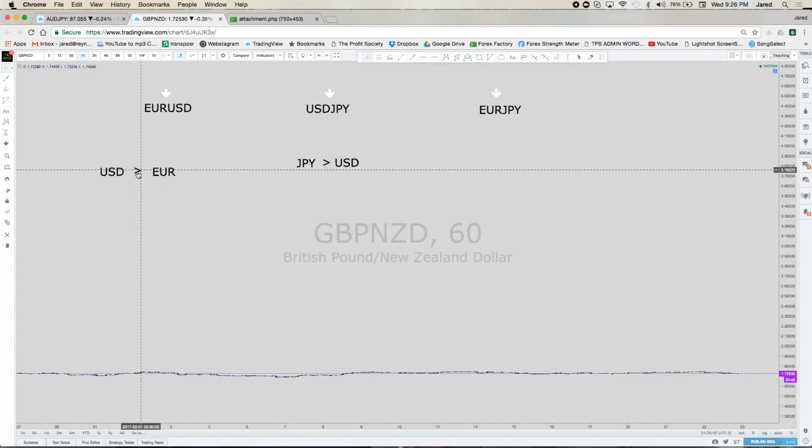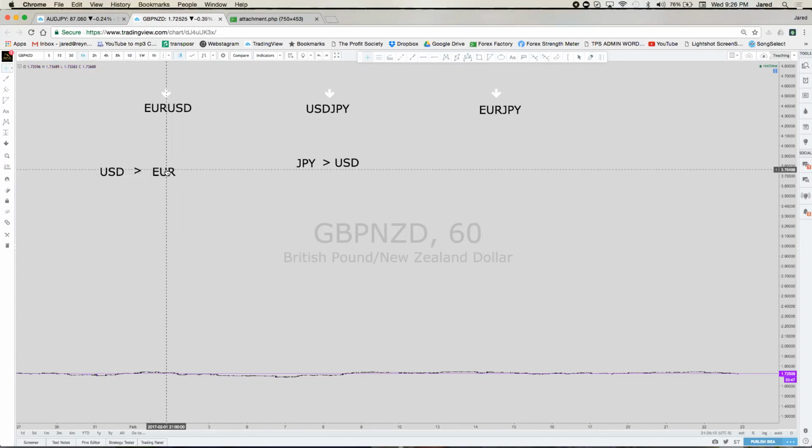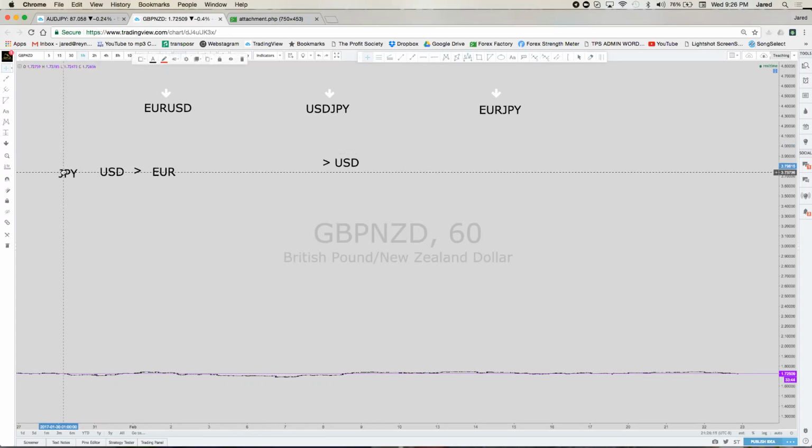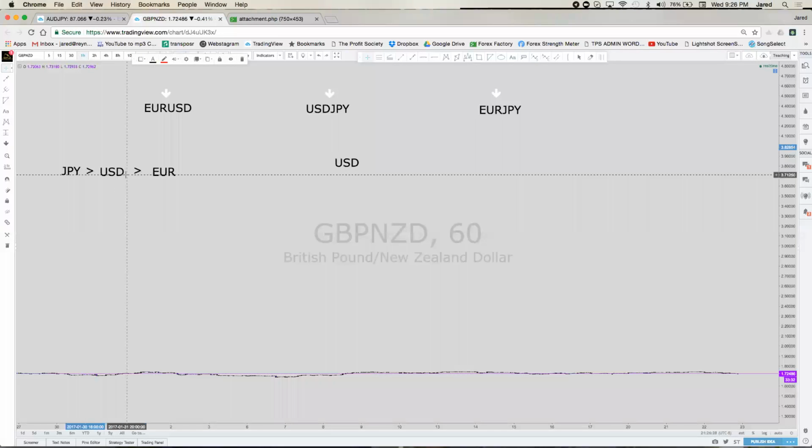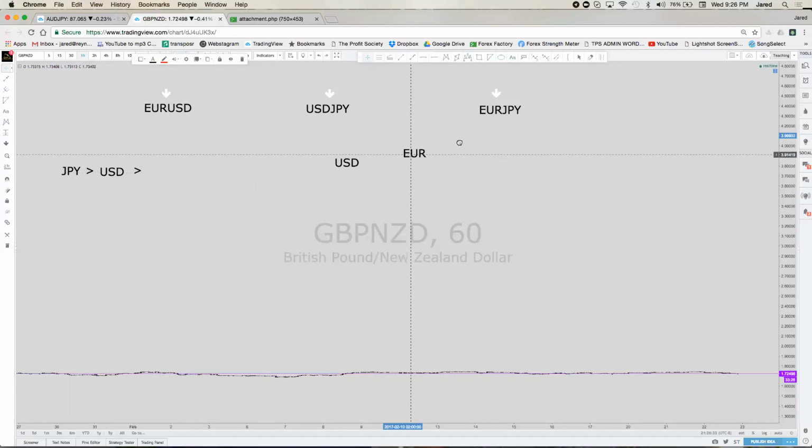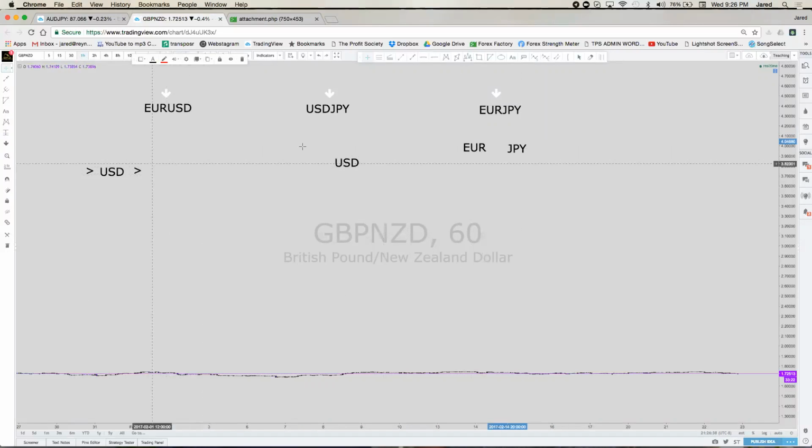And just like math, if the US dollar is stronger than the euro and the Japan yen is stronger than the US dollar, that means the euro is extremely weak, right? Therefore, if UJ is falling and EU is falling, that means Japan yen is extremely strong and the euro is extremely weak. Therefore, EJ should fall extremely hard, which it did, because the Japan yen was much stronger than the euro.